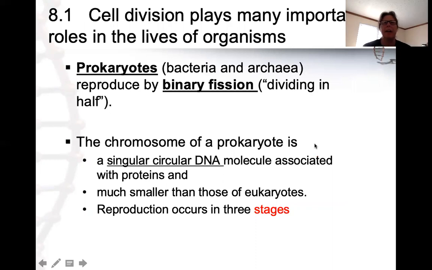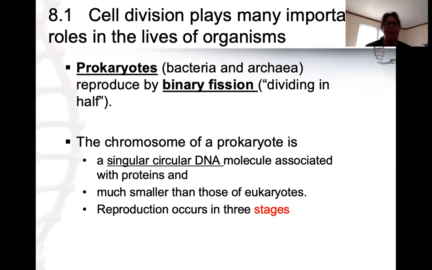Now, in prokaryotes, that is our bacteria and archaea, we're going to call that binary fission. It is much simpler than what we're going to be going into with the eukaryotic cells.